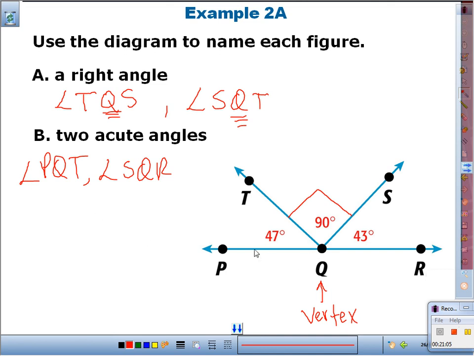If I was to add these two angles, the acute angles, what's another name for both of them together? Leslie, that is correct. Complementary. Because they add up to how much? Both of them. 90 degrees.